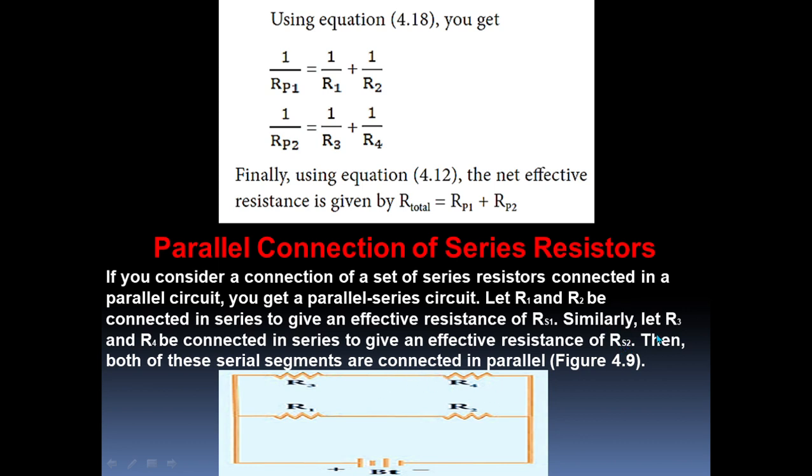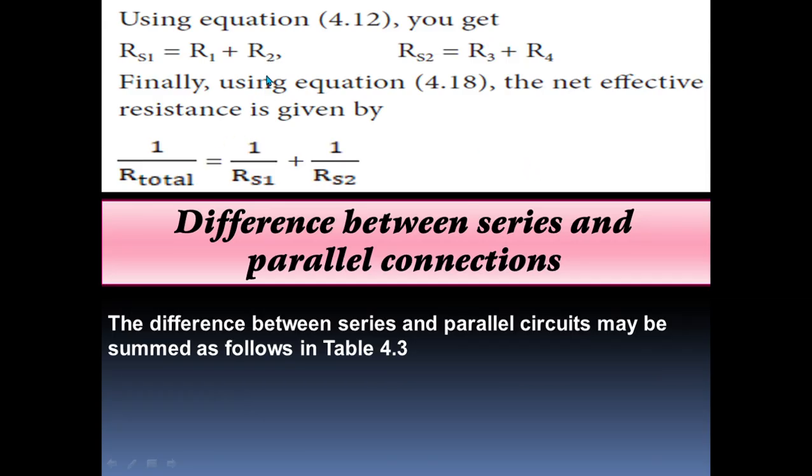Then both of these series segments are connected in parallel. What is the equation of a series circuit? R is equal to R1 plus R2. Here RS1 is equal to R1 plus R2, and RS2 is equal to R3 plus R4.